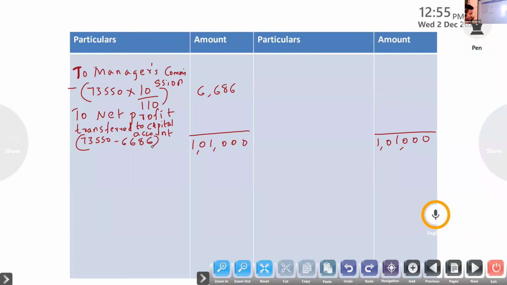From that, if you minus manager's commission, then we will get net profit transferred to capital: 66,864.